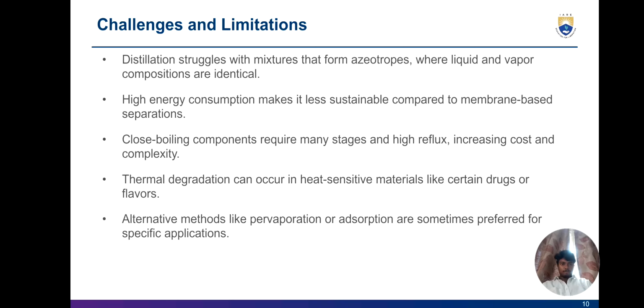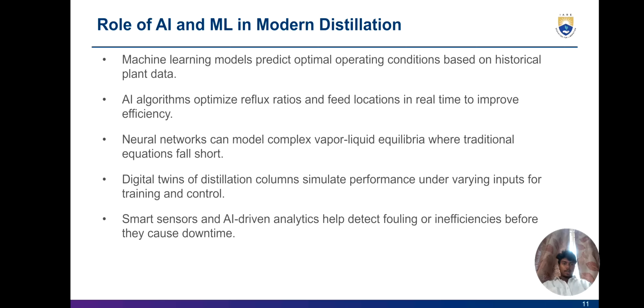Role of AI and machine learning in modern distillation. Machine learning models predict optimal operating conditions based on historical plant data. AI algorithms optimize reflux ratios and feed locations in real time to improve efficiency.